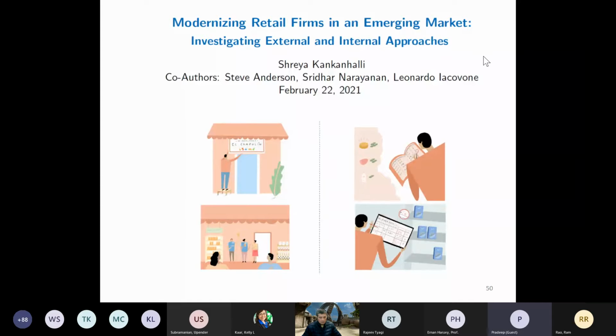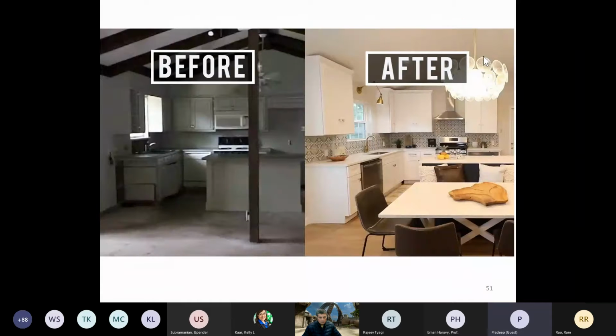But again, where does the analytics part come in? It comes in very much like, I don't know how many of you watch home improvement shows, where they show what the kitchen looks like prior to the reno and what it looks like after the reno. Essentially, what they're trying to do is upgrade these different retailers.